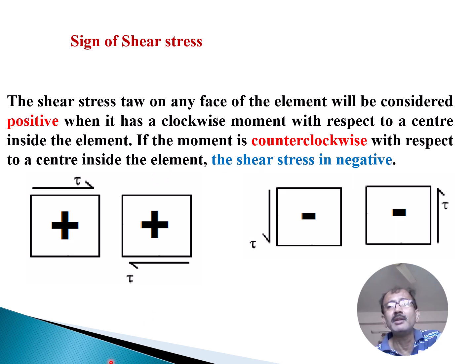If you see the diagram, this tau is clockwise in nature, and this is also clockwise, so the direction of shear stress is like this, which is positive. Similarly, the opposite is anticlockwise in nature, so the direction of the shear stress is like this. One is positive and the other is negative.